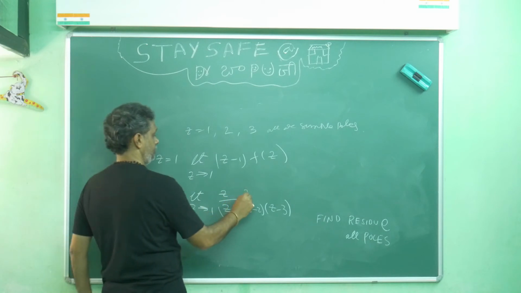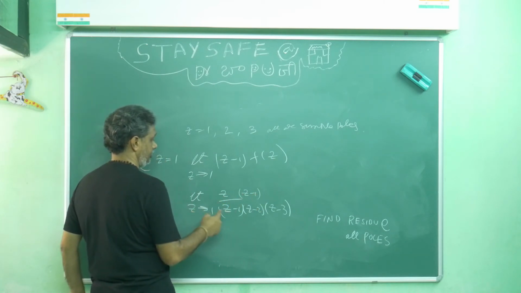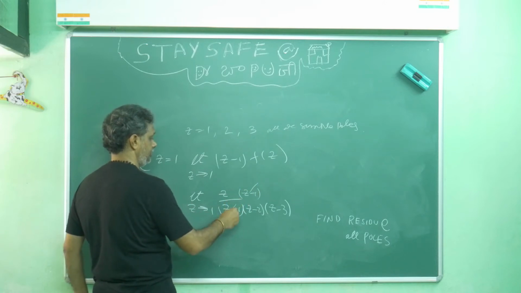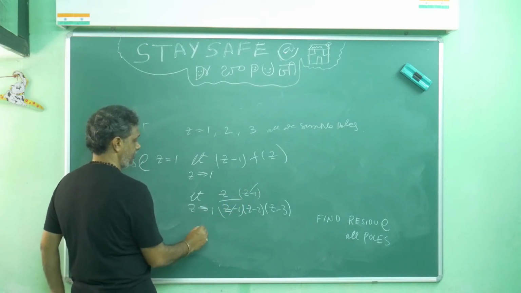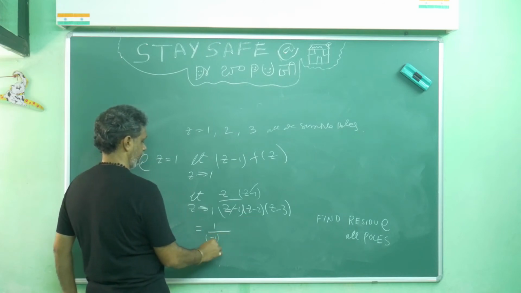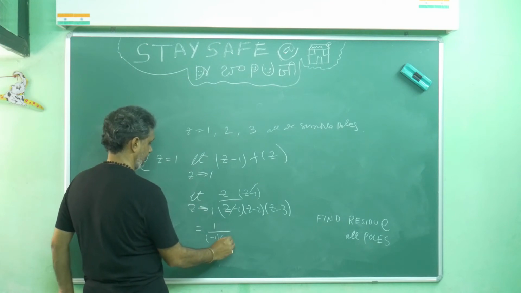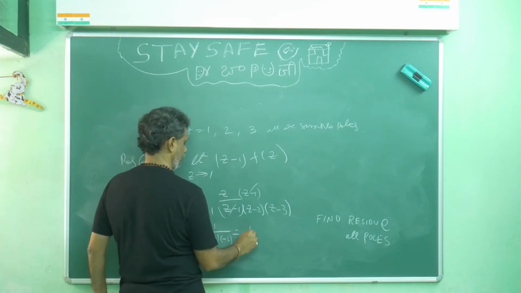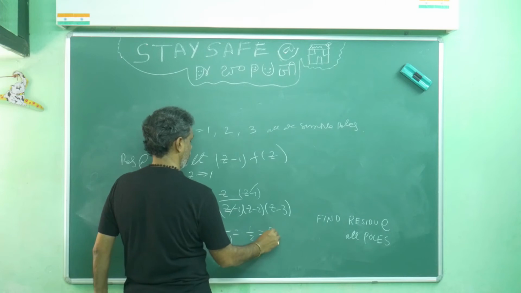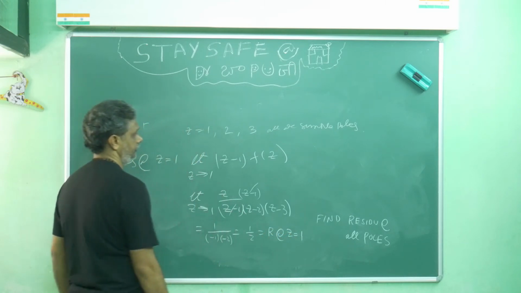Limit z tends to 1 means the function is becoming infinite, that's why we multiply by (z minus 1), and this factor goes off. If you apply z is equal to 1, you will get 1 minus 2 is minus 1, 1 minus 3 is minus 2, so 1 by 2 is the residue at z is equal to 1.